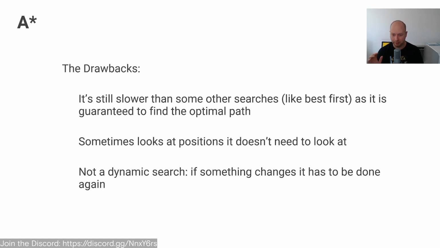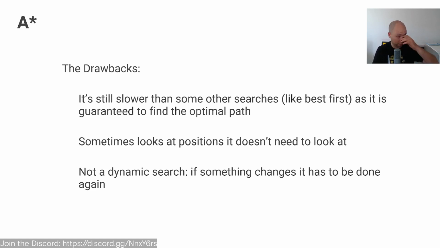It's still a little bit less fast than just best first in every scenario, because it's guaranteed to show the optimal path. So in theory you could find a not optimal path faster, right? Like with the A algorithm allegedly, but generally, except for very, very strange situations, it's not a huge difference.